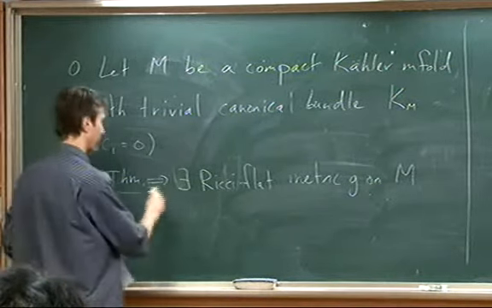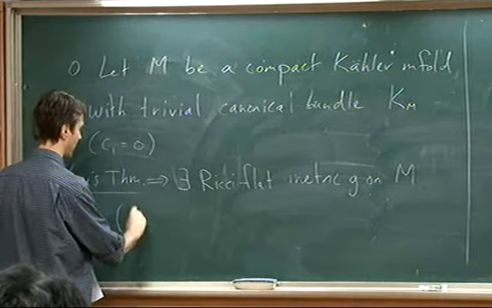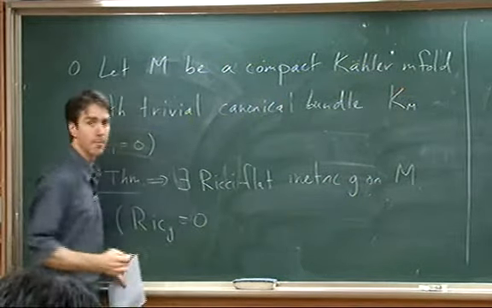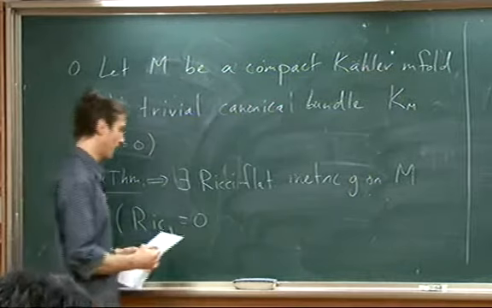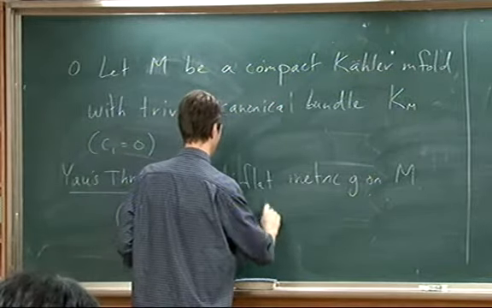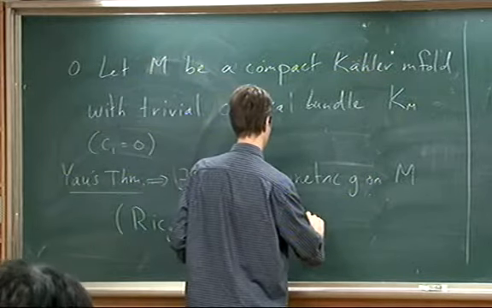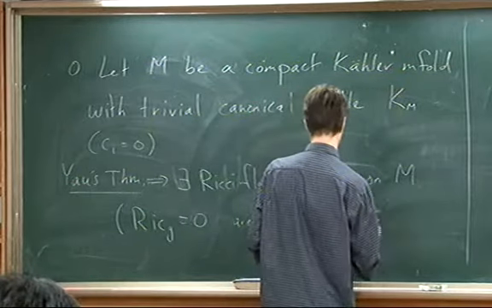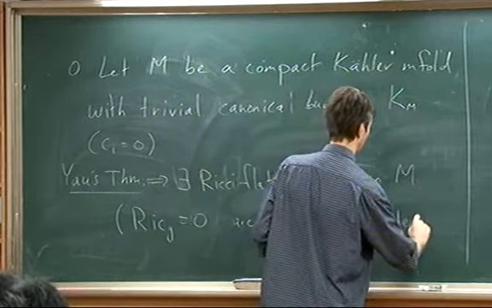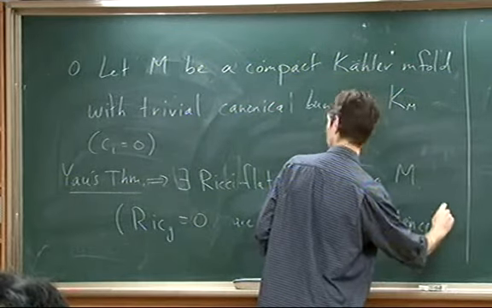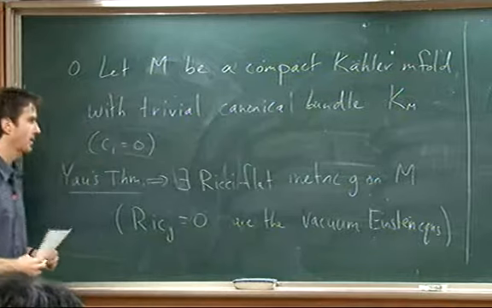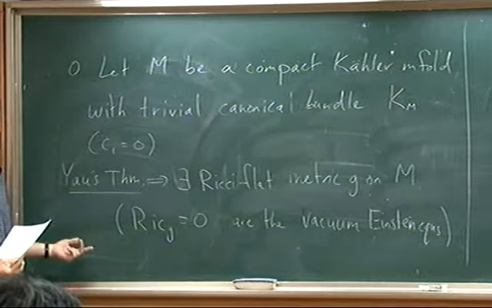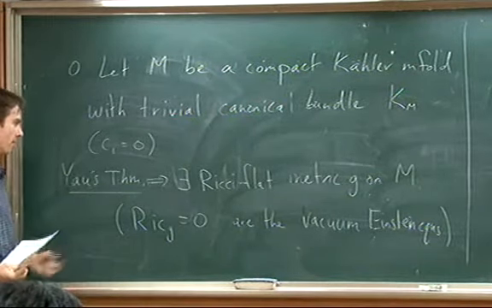So it has vanishing Ricci curvature, and in this situation the vanishing of the Ricci curvature is really the vacuum Einstein equations. So I guess more precisely, Einstein equations would usually be in Lorentzian signature. So this is the Riemannian version of the Einstein equations in a vacuum.